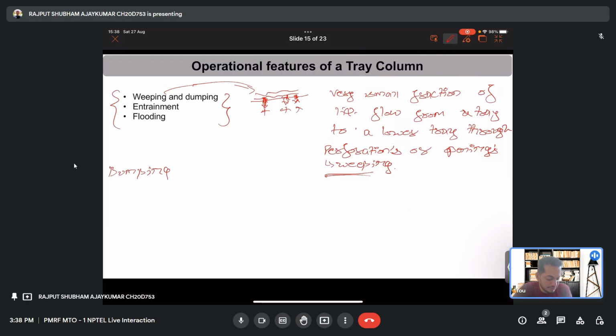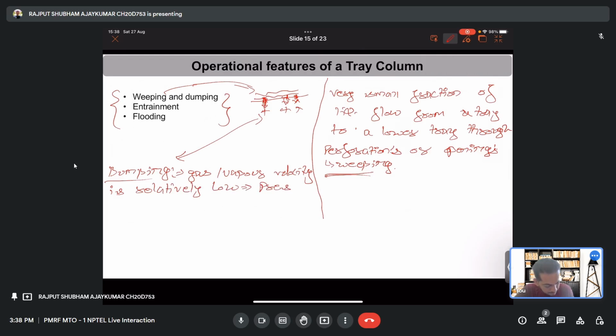Dumping means that if the gas or vapor velocity is relatively low, the pressure drop across the tray is not sufficient to hold the liquid.